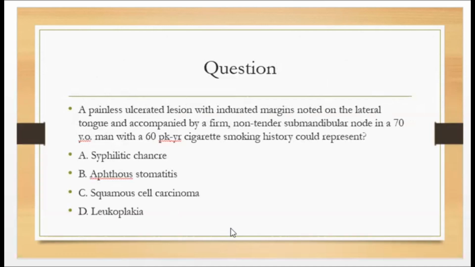Ulcerated lesions with indurated margins noted on the lateral tongue, accompanied by a firm, that is the buzzword, non-tender submandibular node in a 70-year-old man who is a smoker, 60-pack year.